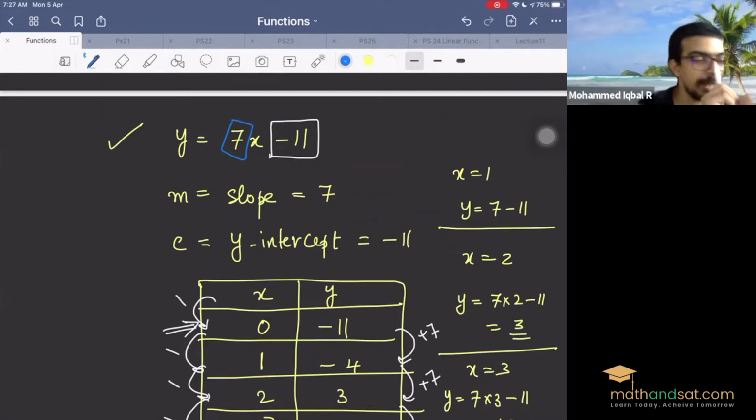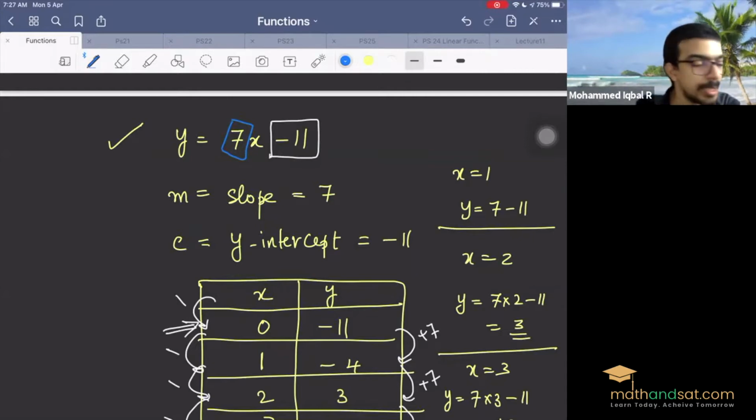So the idea is very simple. When you increase the input by 1 unit, how much does your output change? When you increase your x value by 1 unit, how much does your y value change? That is the significance of the number 7 here.